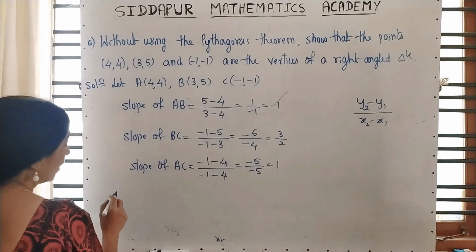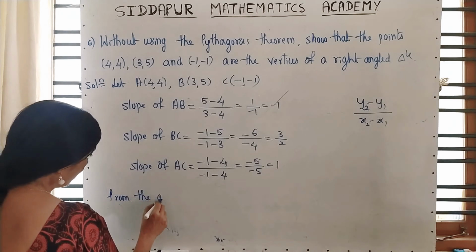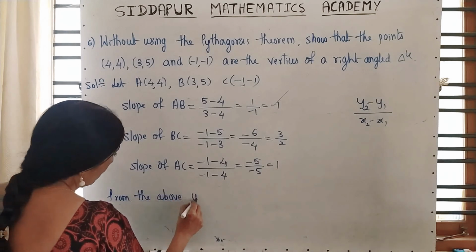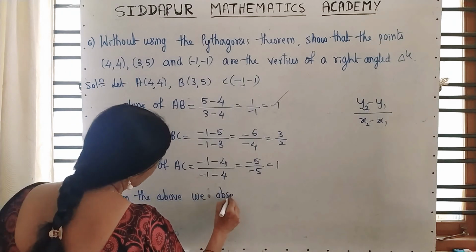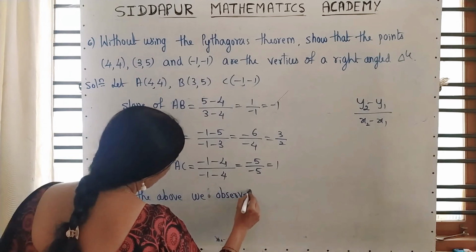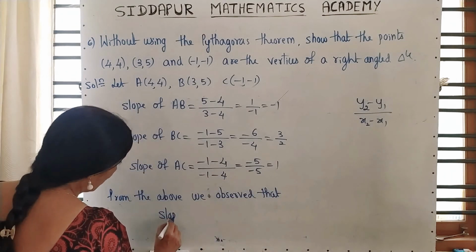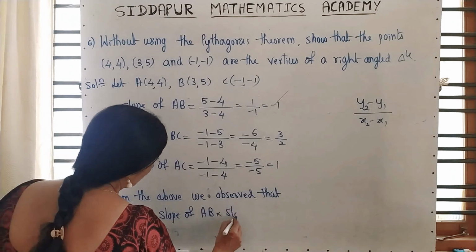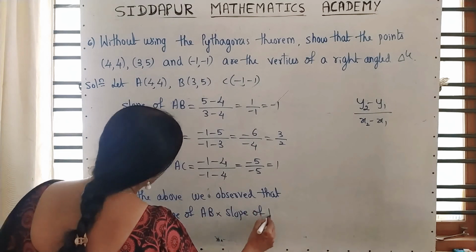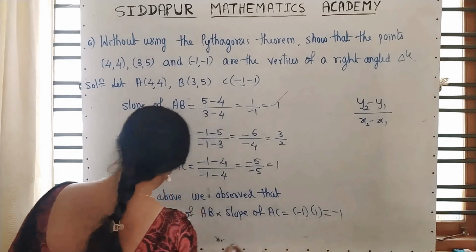So from the above, we observe that slope of AB into slope of AC, that is -1 into 1, is equal to -1.